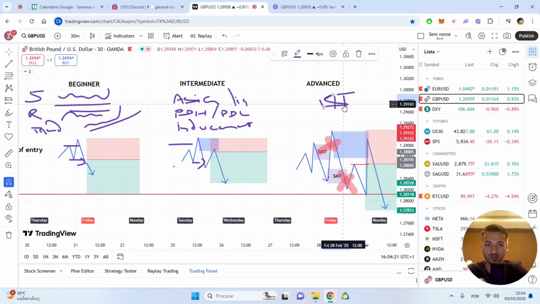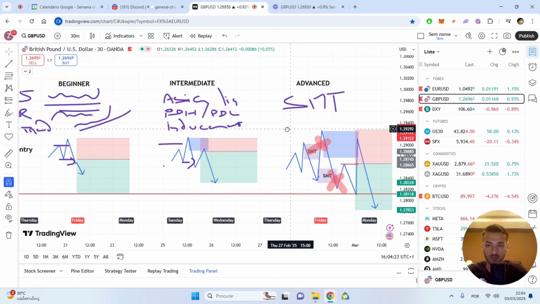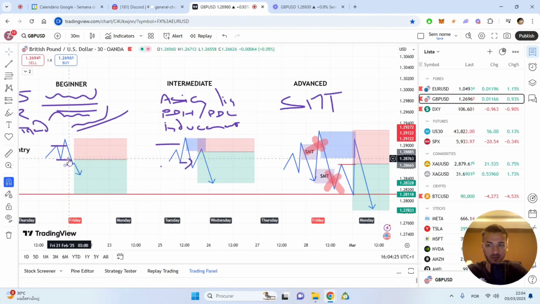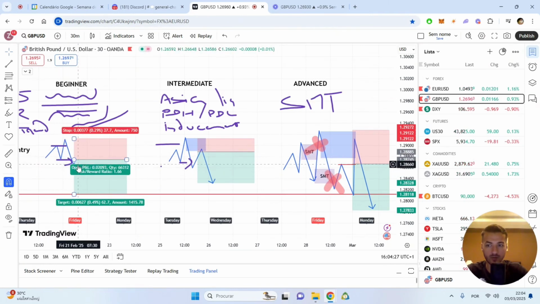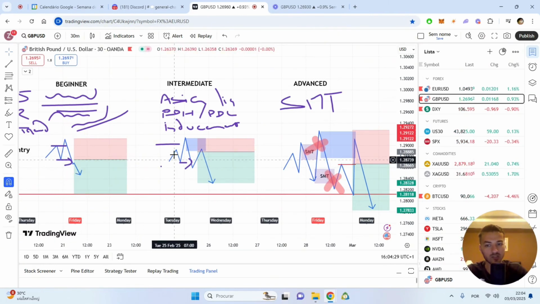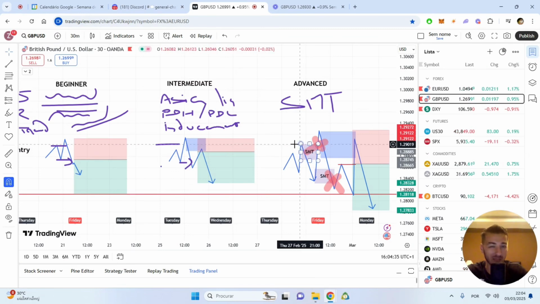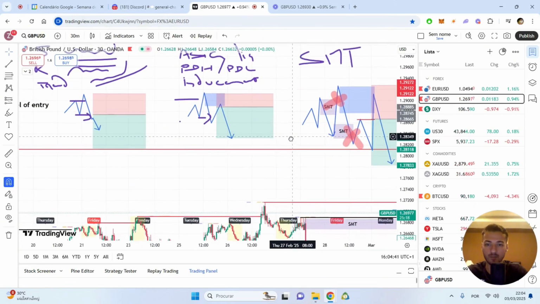We're checking this. Take a look at it again. One just waits for breaker structure and he plays and sells. Other waits for better liquidities, breaker structure, plays and sells. Other looks for the best liquidity, for the major liquidities. Boom, smart money trap. Boom, boom, and goes this way.